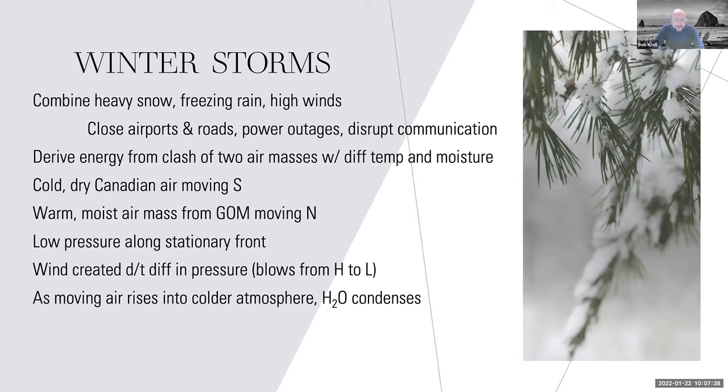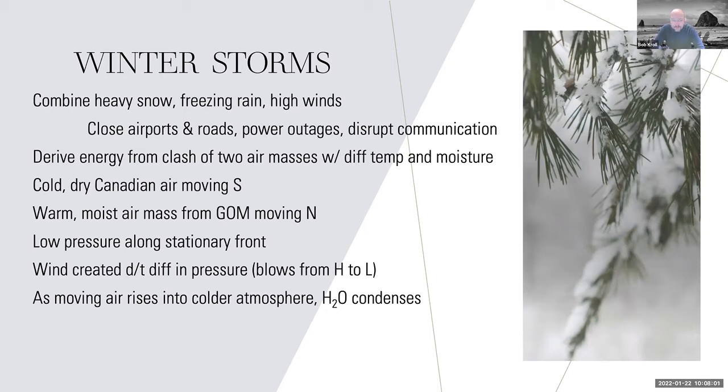Winter storms get their energy from the collision of two different air masses with different temperatures and different moistures. They talk about storm fronts, and there are cold fronts and warm fronts we hear about when watching the weather on the news. If the cold air is pushing the warm air back, and the cold is winning that battle, then it's called a cold front.